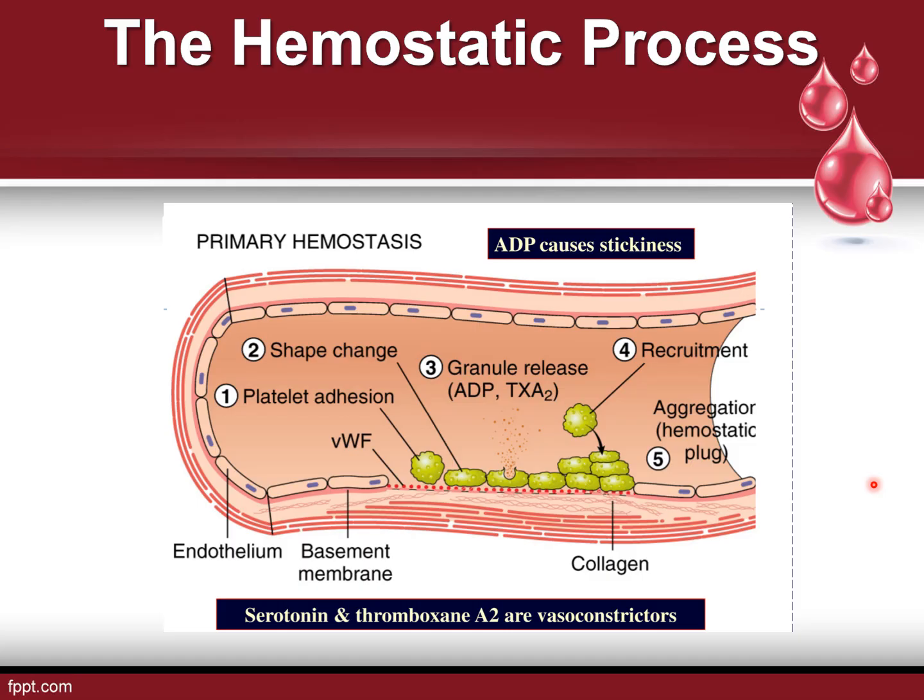And then we see platelets release cytoplasmic granules such as ADP, adenosine diphosphate, thromboxane A2, and serotonin. ADP attracts more platelets to the affected area. Serotonin is a vasoconstrictor, and thromboxane A2 assists in platelet aggregation, vasoconstriction, and degranulation.